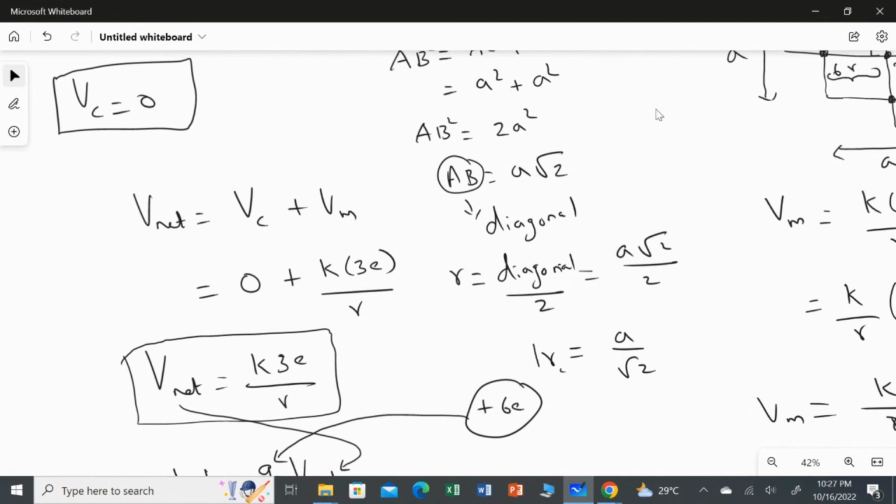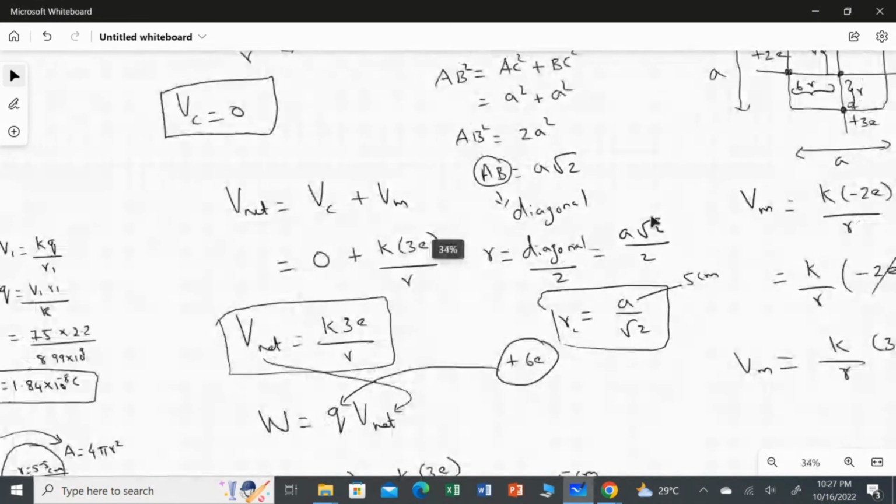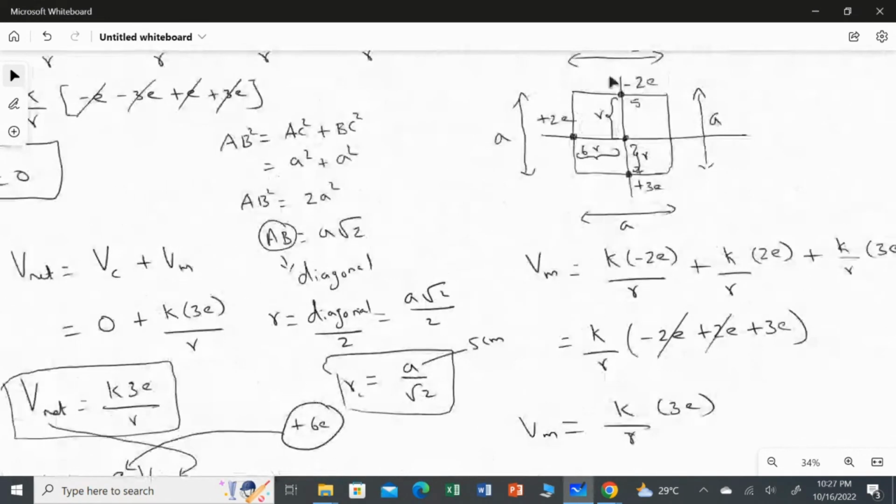This is the value of R for the corner charge. And what's the value of A? Here the A value is 5 centimeter. So you should remember these things. It's very, very important, because this question is really a very lengthy question. For the corner charge, the R value is this, but for the middle charge, it's half of A.